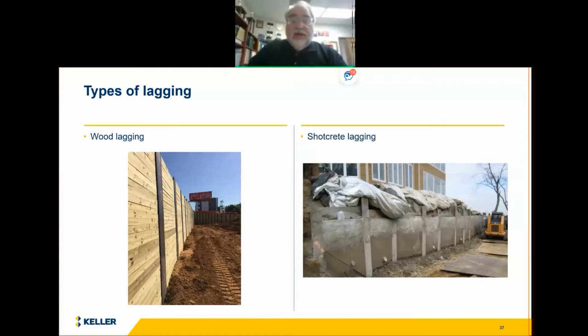I show this slide on purpose because these soldier piles were driven and there were some obstructions in the ground here, and you can see it's kind of wonky looking. We talked about this with the owner, and they liked the lower cost solution, obviously, drive rather than drill. And so you can see here that when they've hit certain obstructions, they can pitch in, they can pitch out, they can pitch left to right, etc. So keep that in mind.